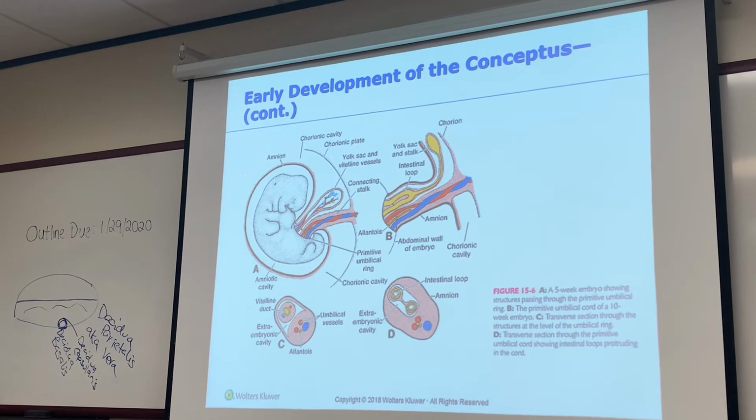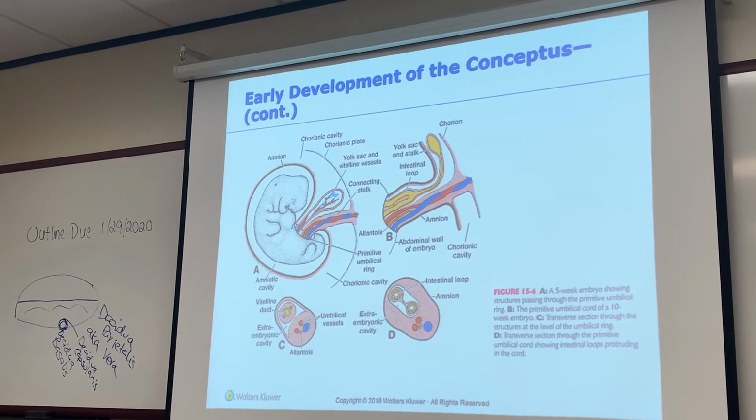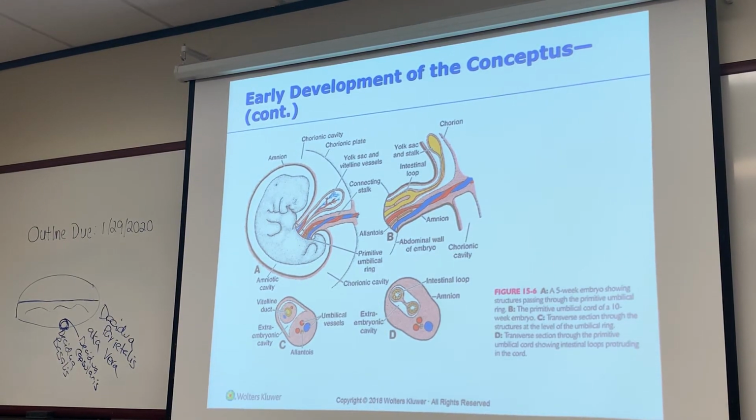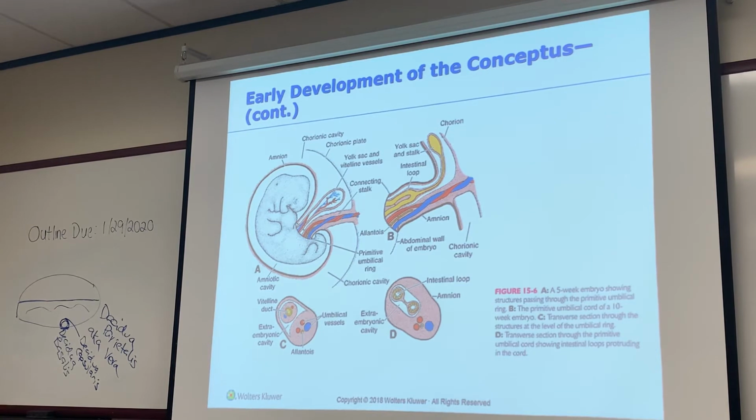The amnion is inside the chorionic cavity. So the umbilical cord is covered by amnion. When you look at a newborn's belly button, it's kind of a greenish yellow membrane. That's amnion. Looks kind of translucent. Okay?